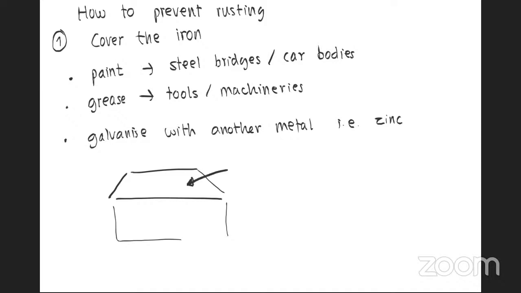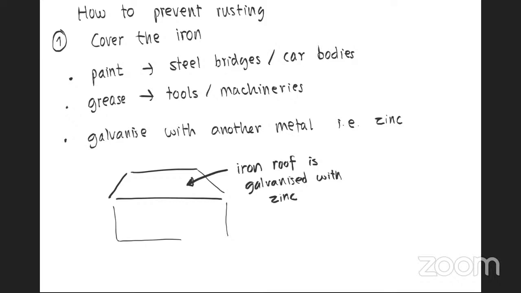So the iron roof is galvanized with zinc. What we do is heat zinc up so that it becomes molten, and then we place the molten zinc on the iron roof.